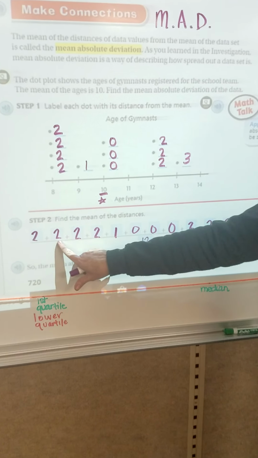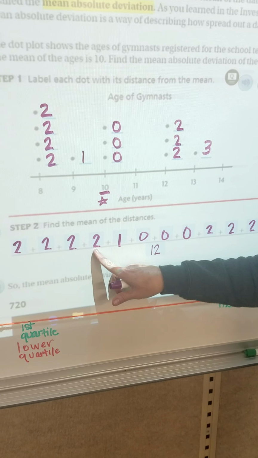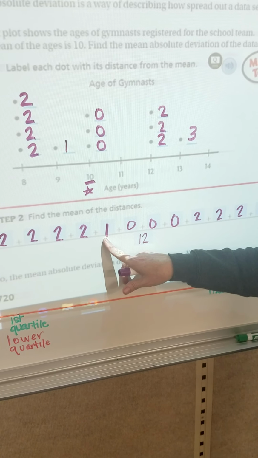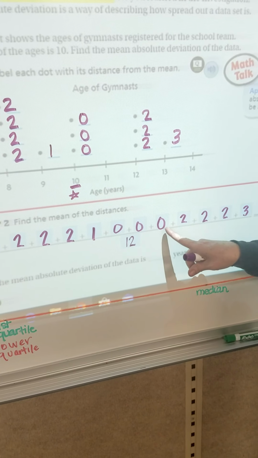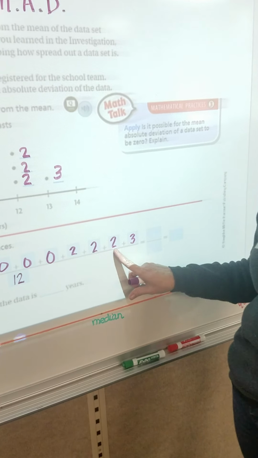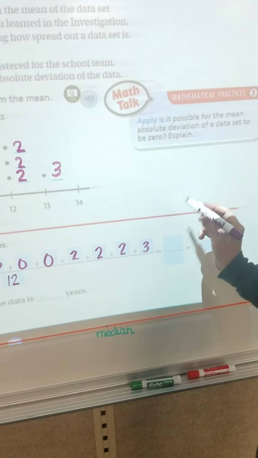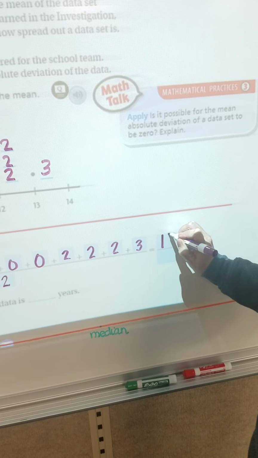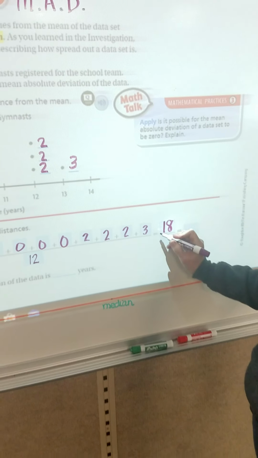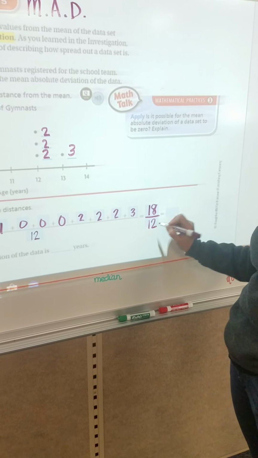So 2 plus 2 is 4, plus 2 is 6, 8, 9, 9, 9, 9, 10, 11, 12, 13, 14, 15, 16, 17, 18. So that will be 18 divided by 12.